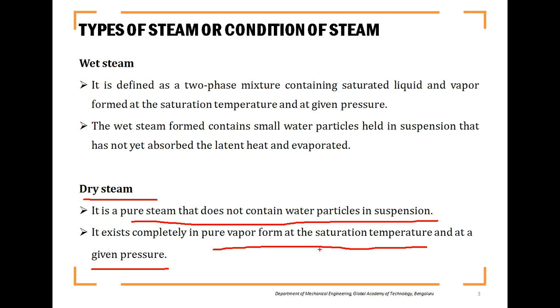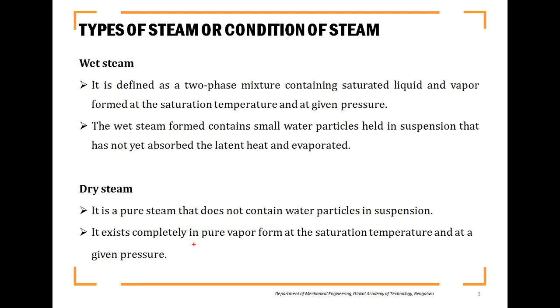You can ask me, even wet steam is obtained at the saturation temperature, and for dry steam you are saying that it exists completely in pure vapor form at the saturation temperature. You might have a doubt. Your doubt will be cleared in the next slides. So as of now, just understand what dry steam is.